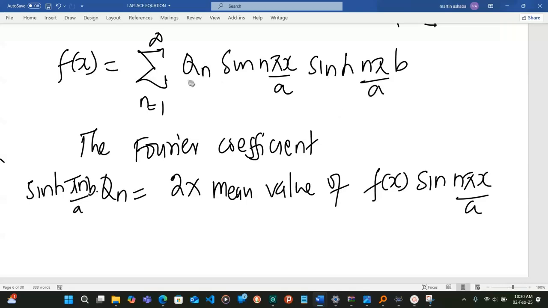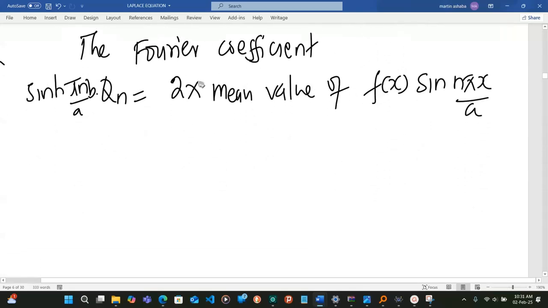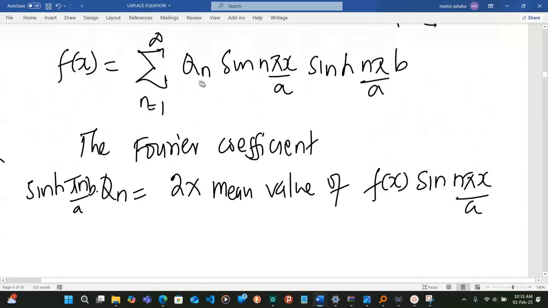So what you have as constants are c_n and the hyperbolic sine of nπb out of a. Meaning whatever you're going to call a Fourier coefficient is going to be c_n times the hyperbolic sine function of nπb out of a.